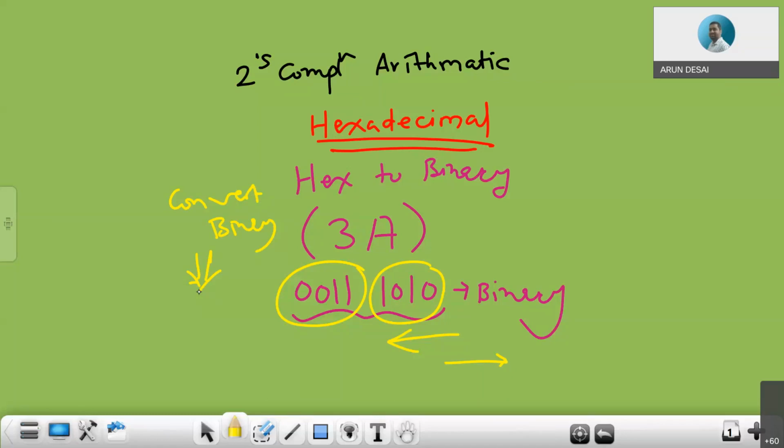For subtraction you can use the 2's complement method, which is the easy way, right? Find the 2's complement of the second number, add it to the first number, and you will get the result. Whatever rules of 2's complement are there, you can apply all those rules, right? So this is how you can convert hex to binary and binary to hex.